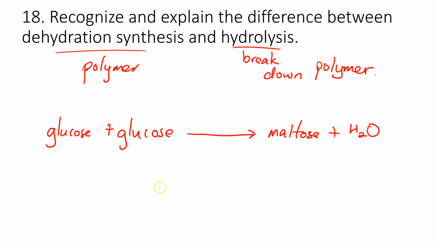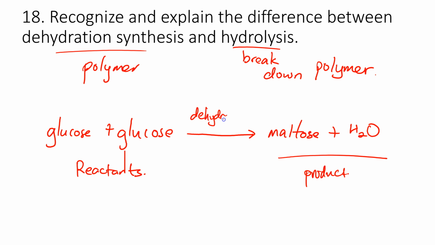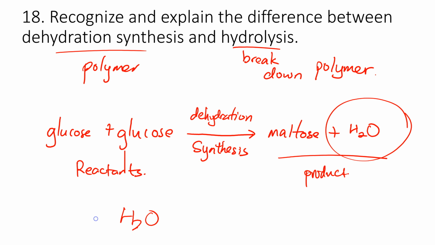So now this glucose is your reactant, and your maltose and water are your product. So this process is dehydration synthesis. The way we tell whether this is a dehydration synthesis is by looking at the location of water. If water is a product, then it's a dehydration synthesis. If water is a reactant, then it is hydrolysis.